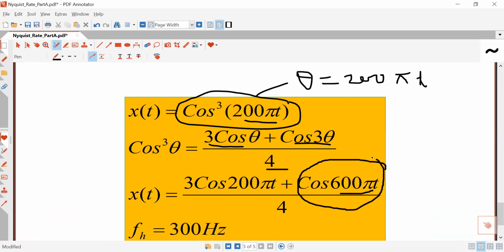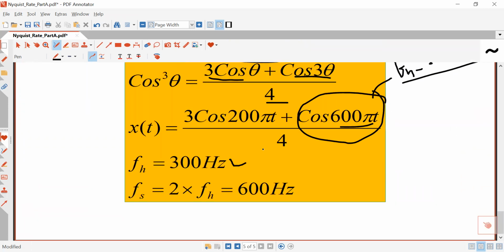And from this term, you can calculate the highest frequency component. Here omega or 2 pi f is 600 pi, so the highest frequency component F_H will be 300 Hz, and twice of this will be the Nyquist rate. So the Nyquist rate will be 600 Hz.